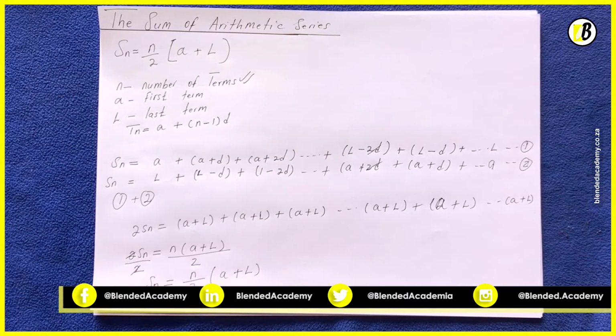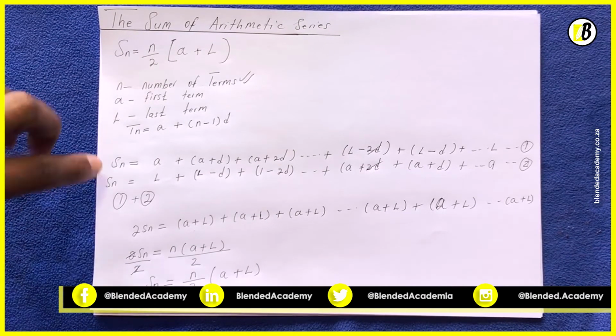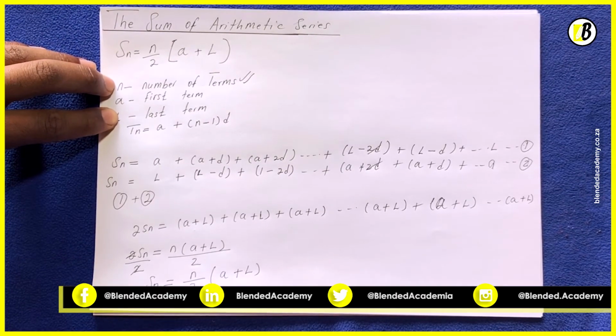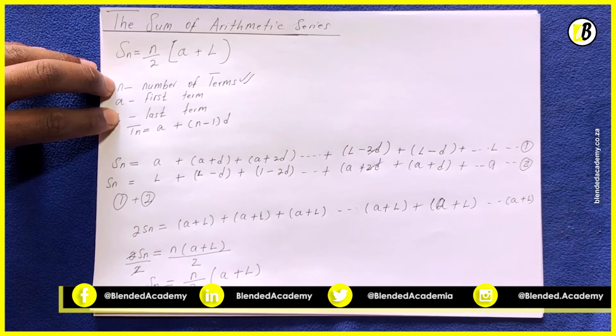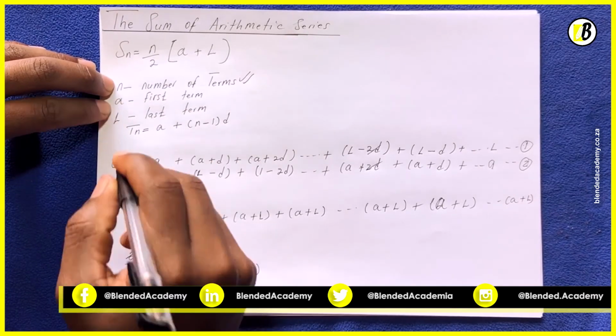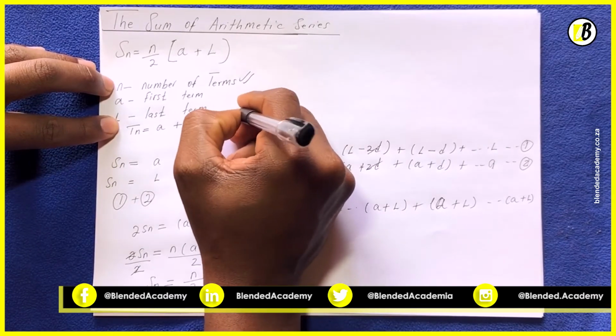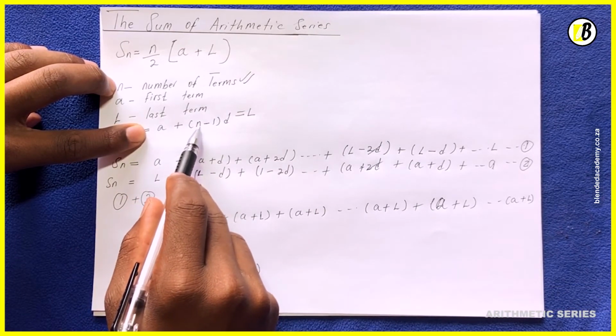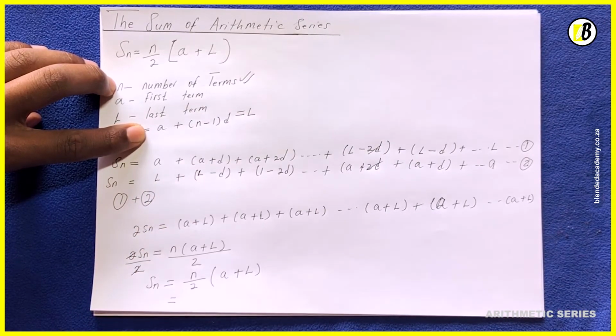Now, I want you guys to notice something. We have L as our last term. But then our last term is also denoted by Tn. L is equivalent to A plus, open brackets, n minus 1, close brackets, d, right?